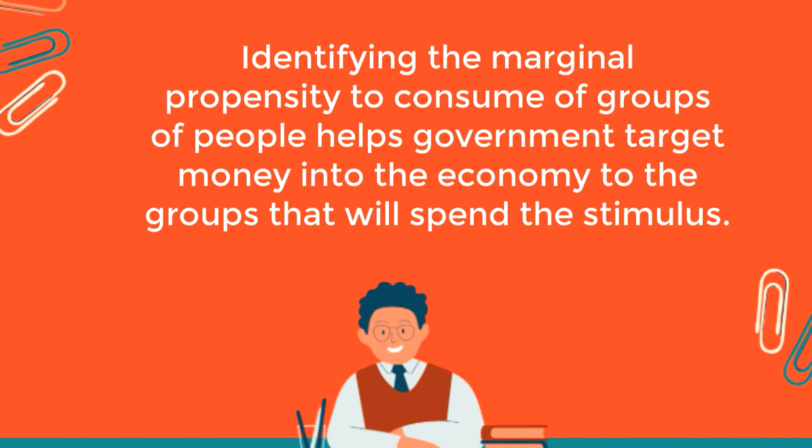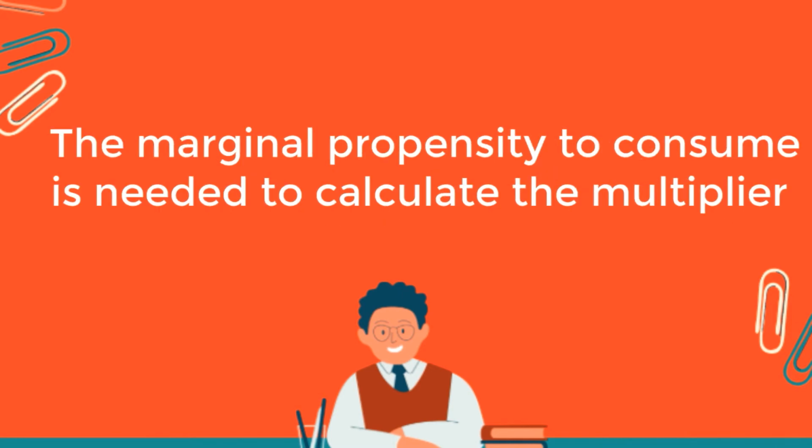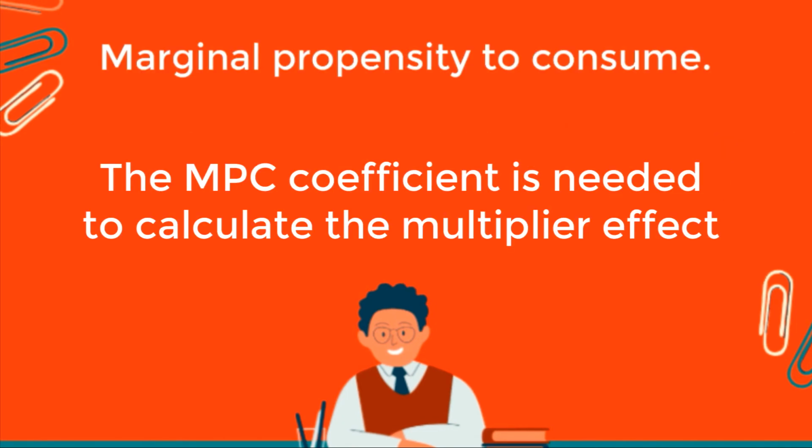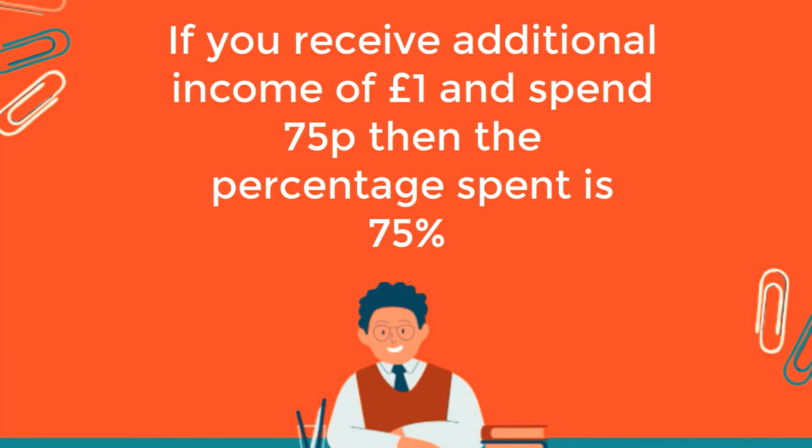The government is able to gauge this impact by calculating the multiplier effect, which in turn is determined by the marginal propensity to consume, as the multiplier depends on any extra income received being spent and passed on around the economy. Secondly, the marginal propensity to consume calculation is required in order to calculate the multiplier effect.